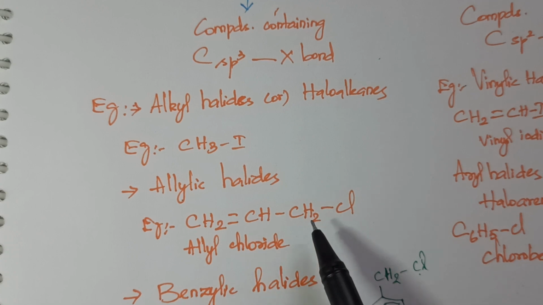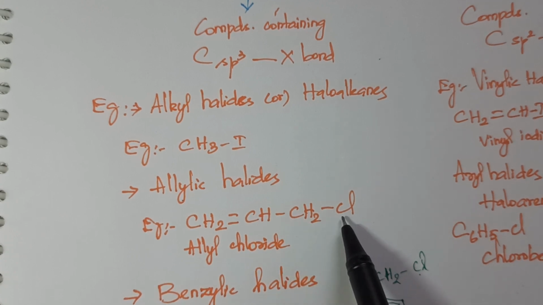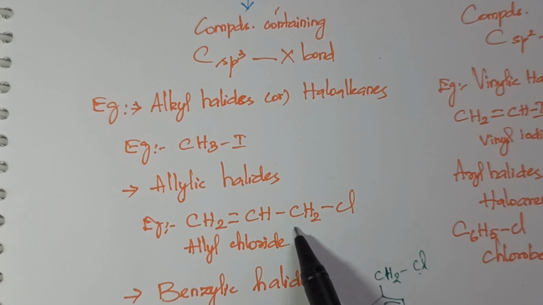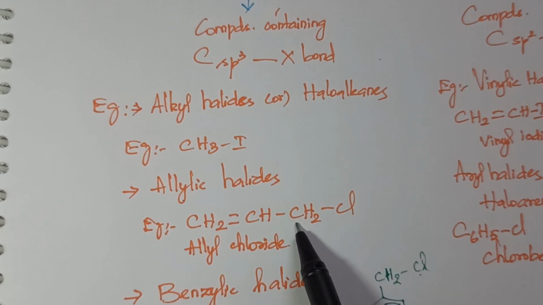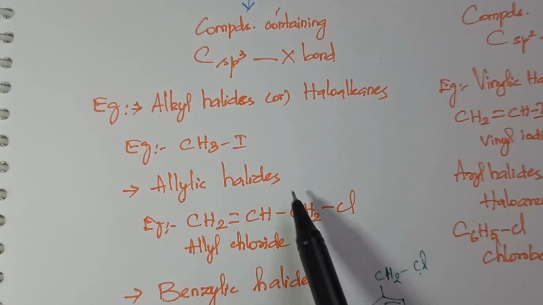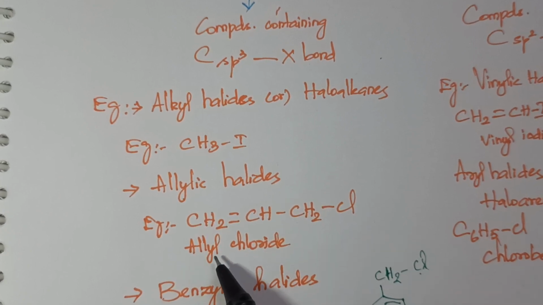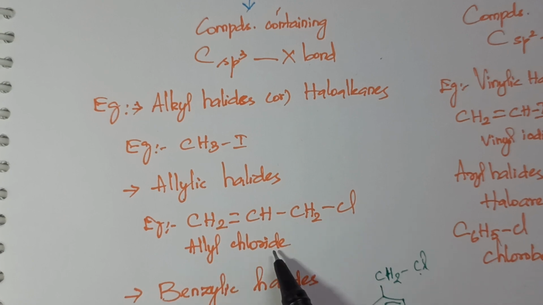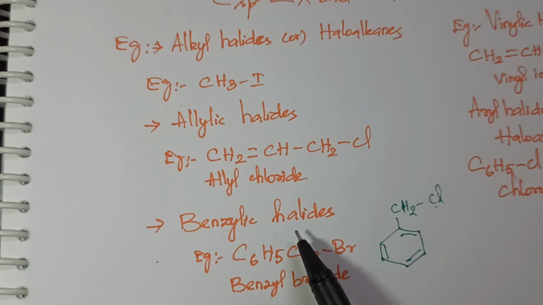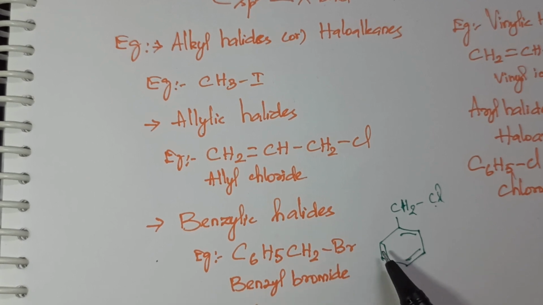So allyl halides are those where the halogen is attached to the sp3 hybridized carbon next to the carbon-carbon double bond. This is called an allylic halide and the compound name is allyl chloride. The next example is benzylic halides. This is the structure of benzene, C6H6.